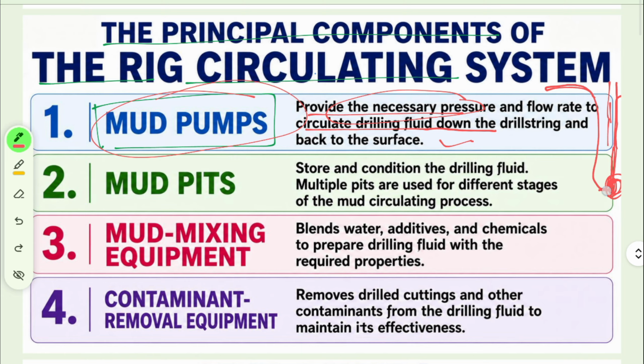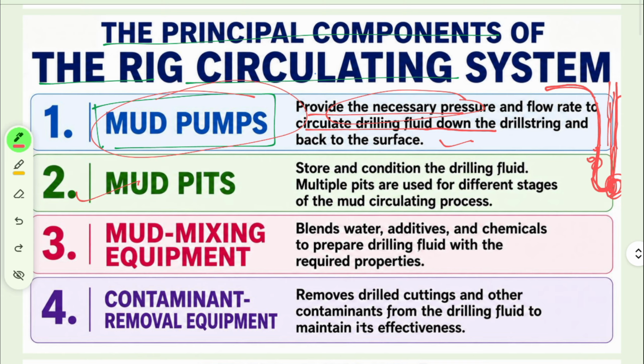Through the drilling fluid, they try to lift the cuttings, the small particles, and the lifting process is only done because they have some kind of pressure. Without pressure, they cannot move against gravity, right? If you want to move against gravity, you require some pressure, right? So I hope you are able to understand this.